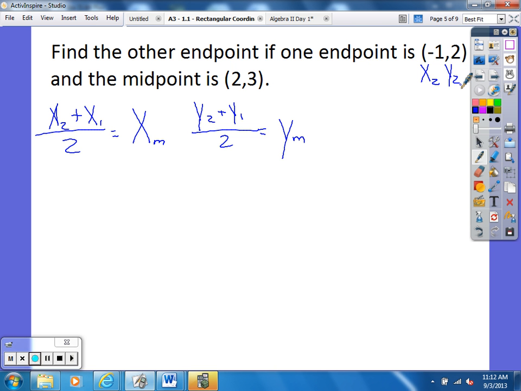She had another option. Anybody know the other option? Yep, x1, y1. I really don't care which way you decide to label it. It does not matter. But this one, we have no option for it. You only have one choice for it. Sorry, you don't get to choose between 2. Midpoint: xm, ym. That makes sense?